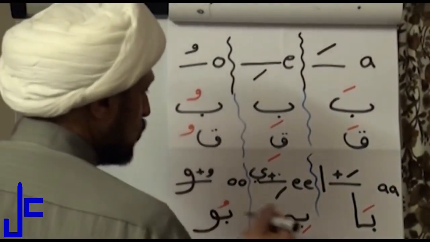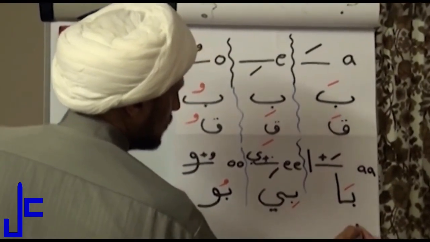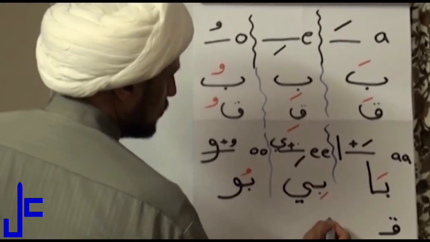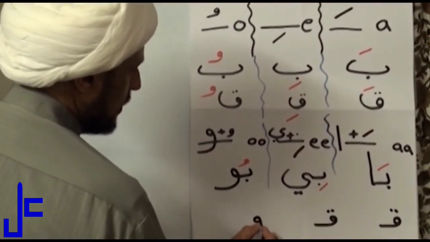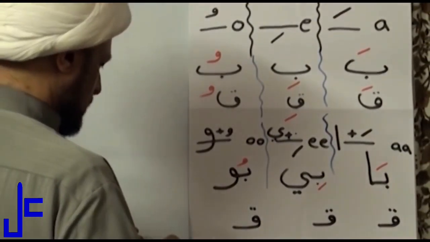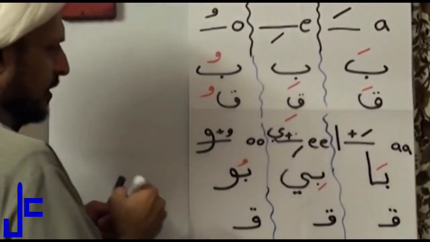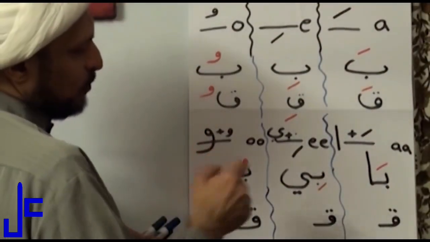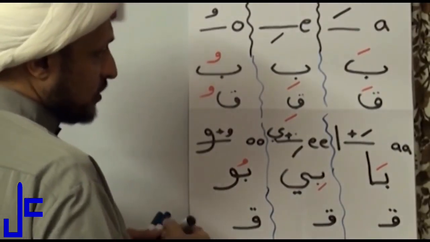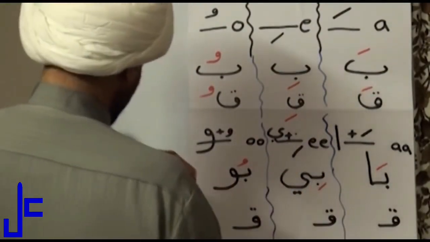Let's do the same thing with qaf. Let's cut the tail and stretch it. So now we have this, qa. We have cut the tail because we want to attach it with a vowel letter. We have vowel signs and vowel letters, so now we are using both.